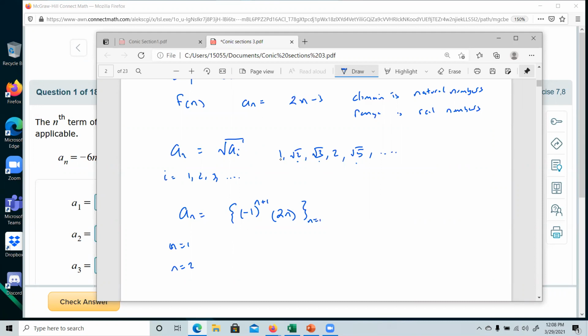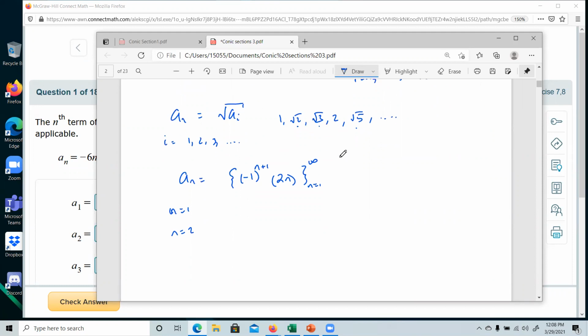We might have n is equal to 1, and you could say infinity up here. That's okay. That just means that the sequence is infinite. We have infinite sequences. And when you get to calculus, this is most of what you're going to be dealing with: infinite sequences. You can also have finite sequences. Okay, that's okay too.